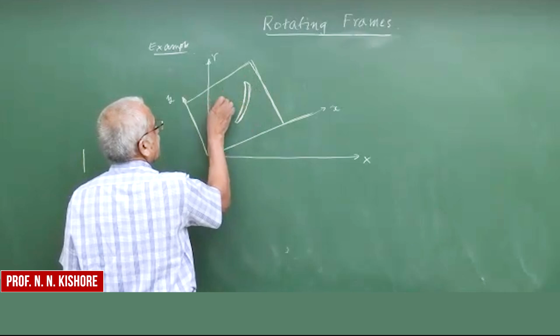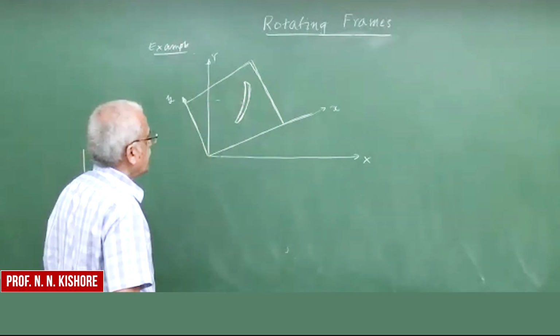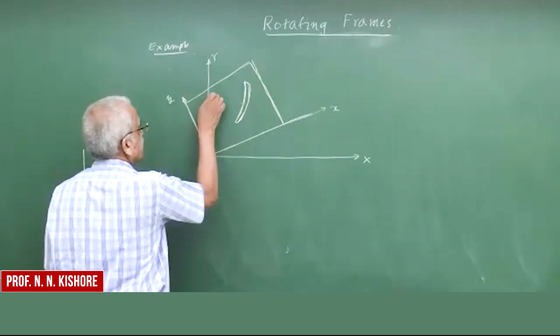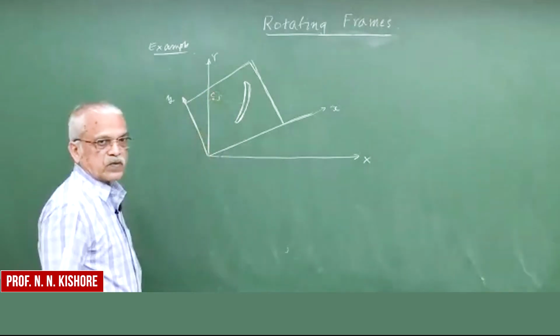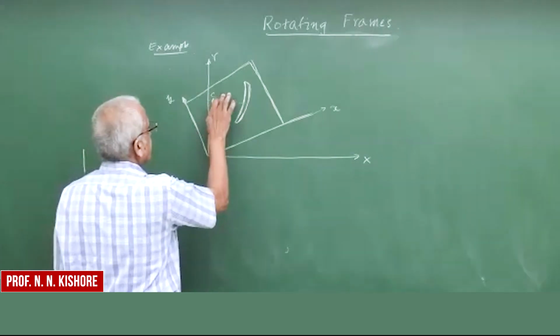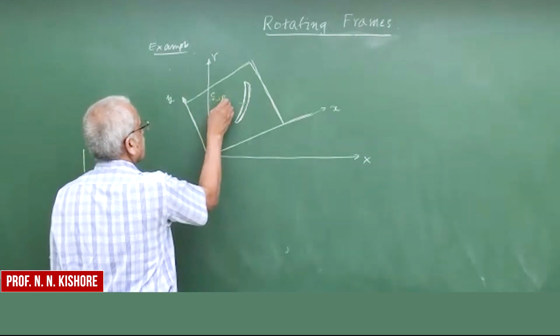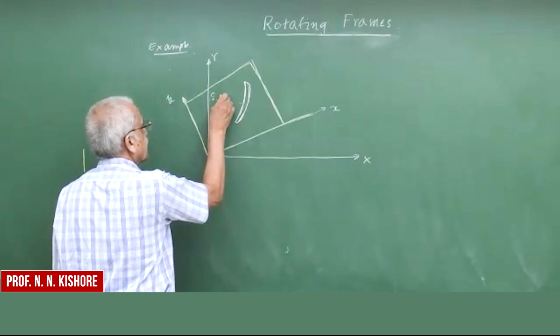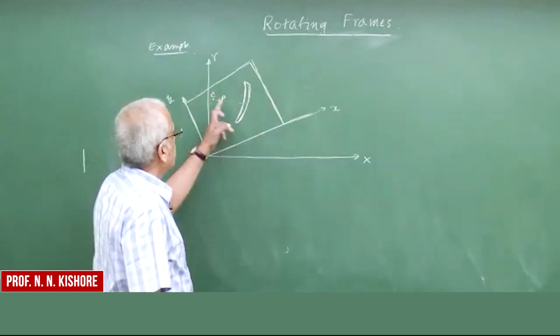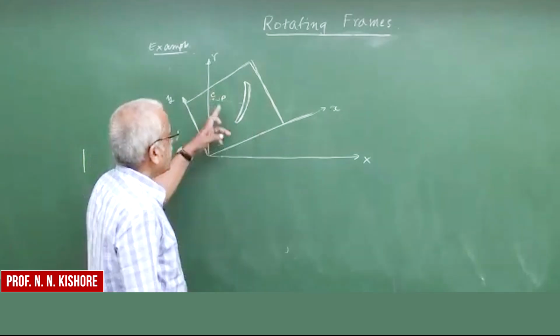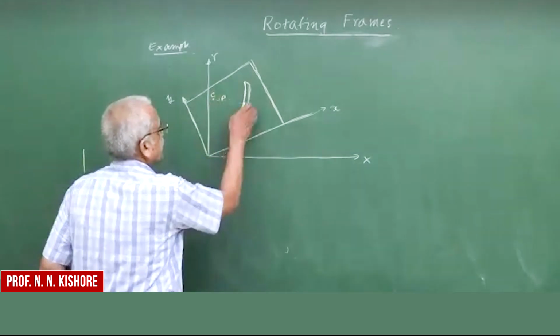So let us say it is a curved path, and then you have a center C here with some radius of curvature rho. So the center of curvature is C, and rho is the radius of curvature.